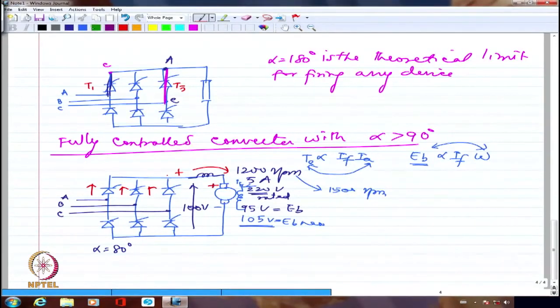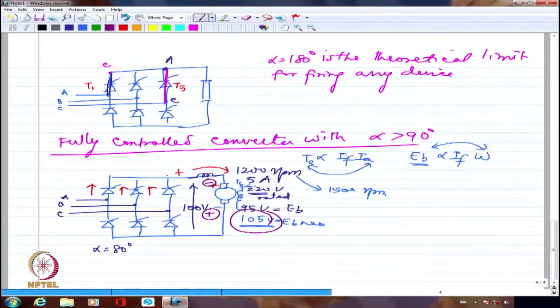So this will become plus and this will become minus with the same 105 volts, let us say, right? And I got this 100 volts as the voltage when I had a firing angle of 80. I will get the same 100 volts as minus 100 volts if I have a firing angle of hopefully 100 degrees, because both sides are essentially the same, only thing is one is minus cos alpha, the other one is plus cos alpha.